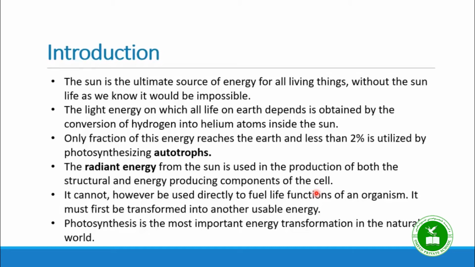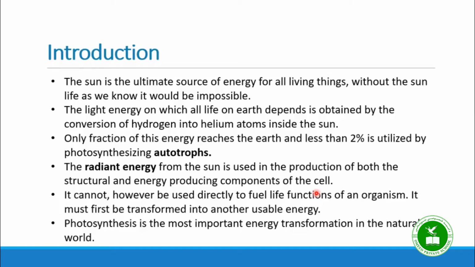In physics we have studied lots of kinds of energies, so this radiant energy that comes from the sun must be converted into another usable energy that is used by these organisms. Photosynthesis is the most important energy transformation in the natural world.